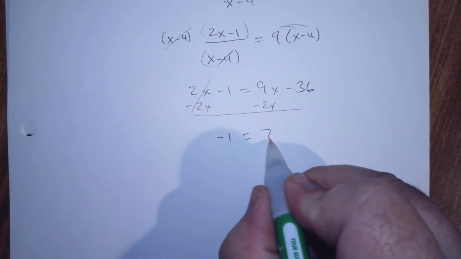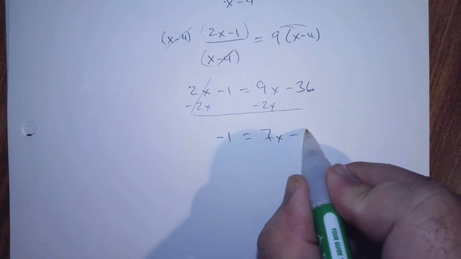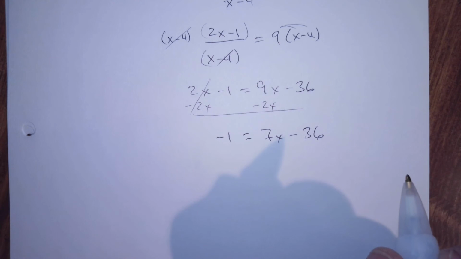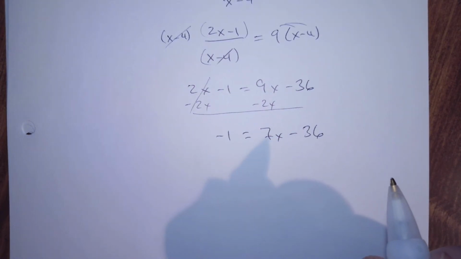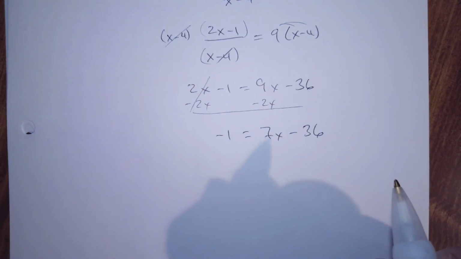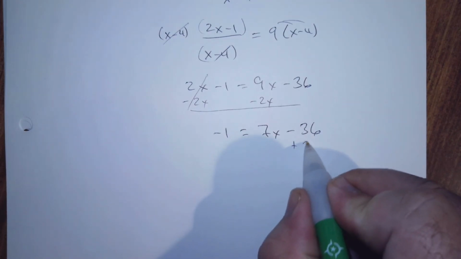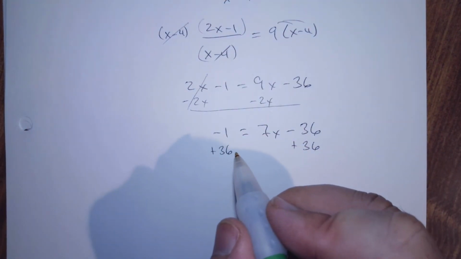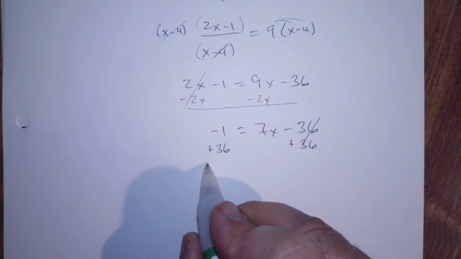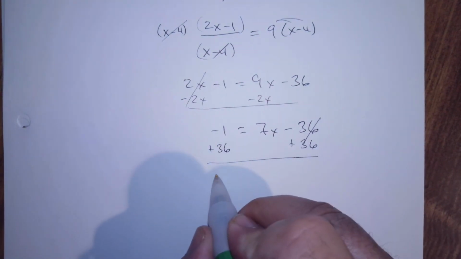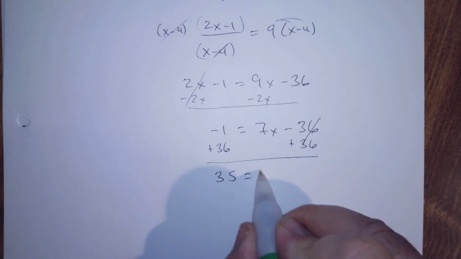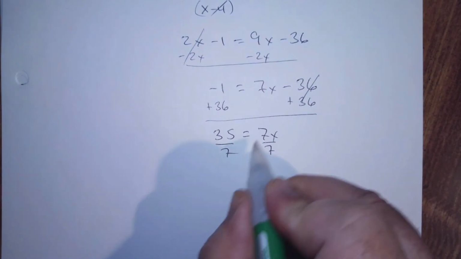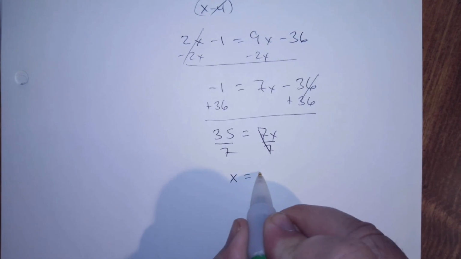Negative 1 equals 7x minus 36. Add 36 to both sides. So it's 35 equals 7x, divided by 7. x equals 5.